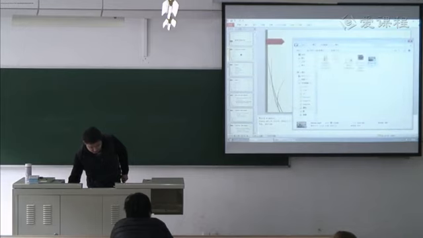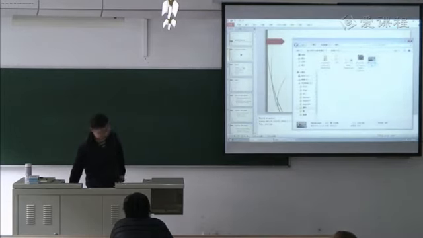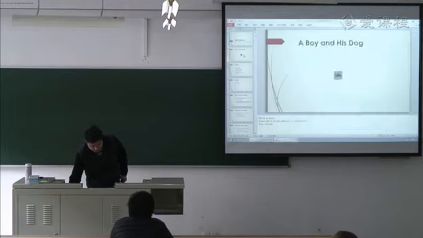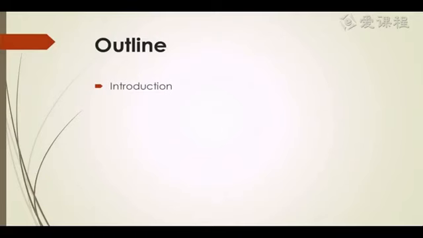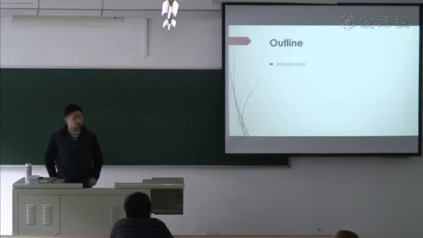So this autism is a form of genetic disorder, which is a birth defect. First, I would like to give you an outline of today's talk. First, the introduction: I'm going to give you some basic information about birth defects, like what they are, how they are formed, how common they are, stuff like that.